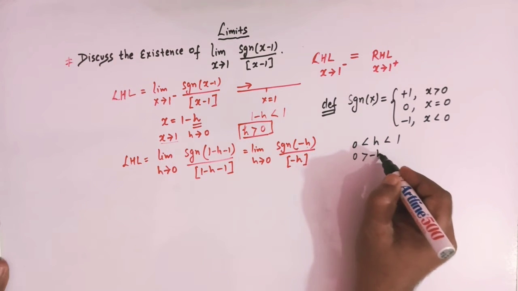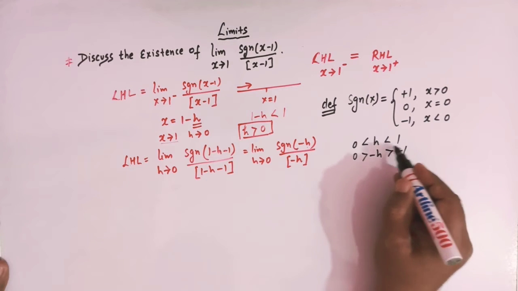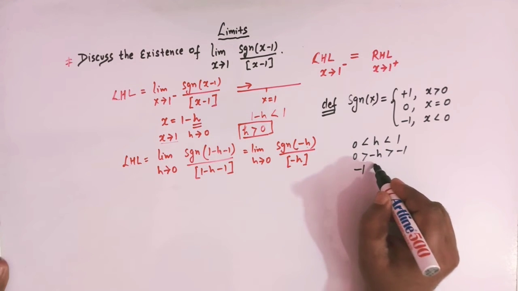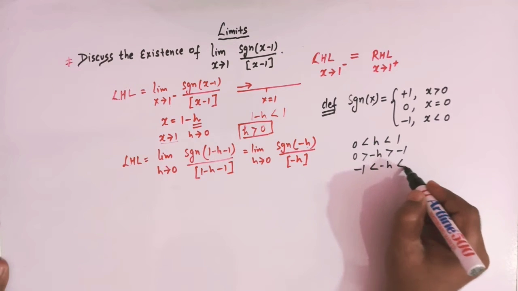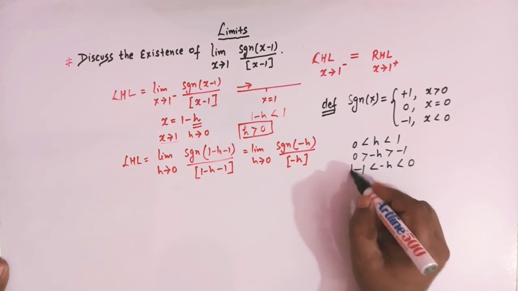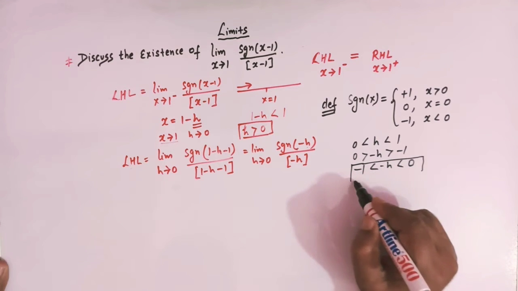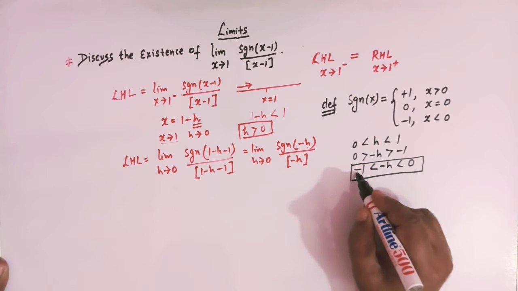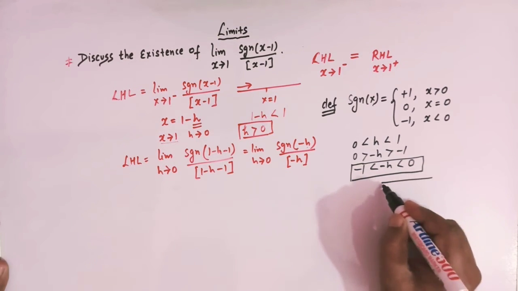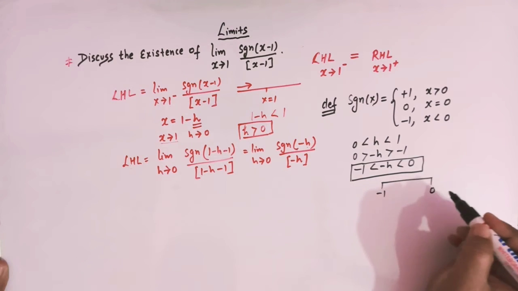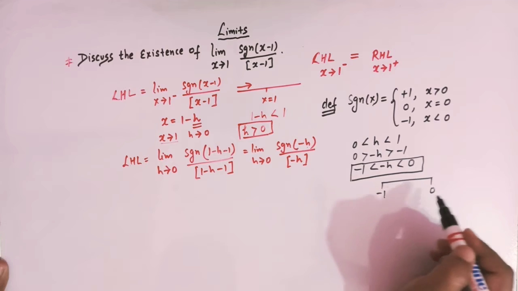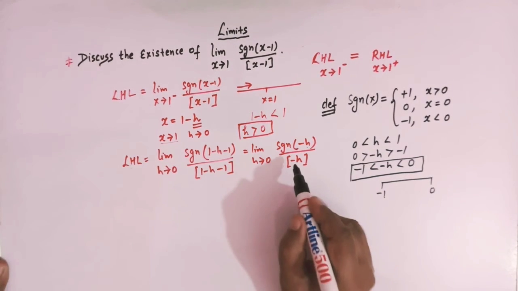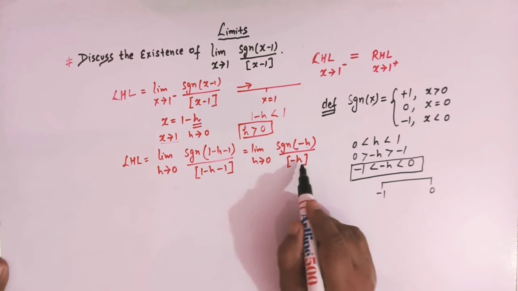So we'll have minus h, and here we'll have minus 1. This can be rewritten as minus 1 less than minus h, and this is less than 0. This is a very important inequality in limits, which says that minus h lies between minus 1 and 0. Okay, so now from this expression we see that we have to find the value of greatest integer of minus h.